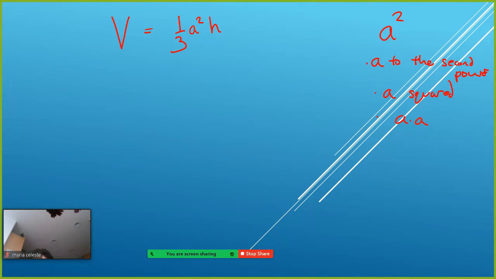So we want to undo all this stuff going on to the H. So let's start with the 1/3. It's 1/3 times the A's times H. We want to get this 1/3 out of there. So if 1/3 is being multiplied, now we could think about it, Maria, as like dividing by 1/3 on both sides.